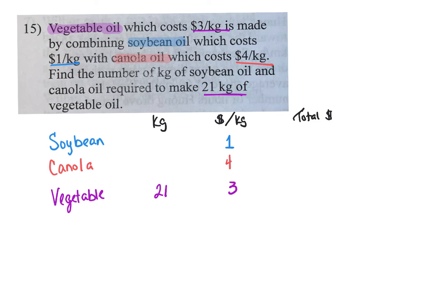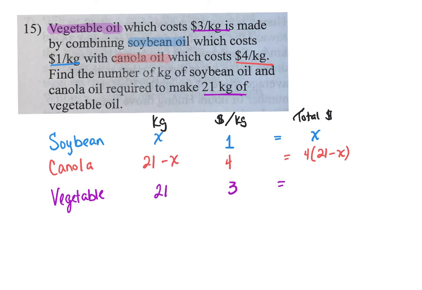So if we have X amount of soybean, how much canola are we going to have? So 21 minus X. So flip it this way, right? 21 minus X. The total that we have minus what we already have is going to be what's left over. And just like everything else we multiply across, X times 1 is X. 4 times the 21 minus X. And then for the vegetable, we actually just multiply those.